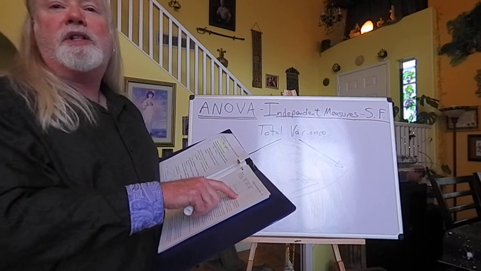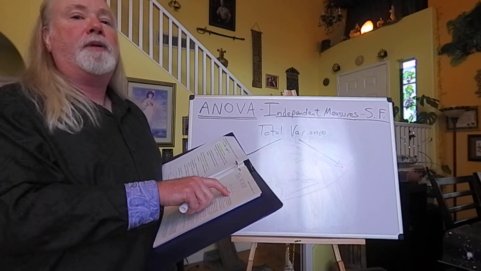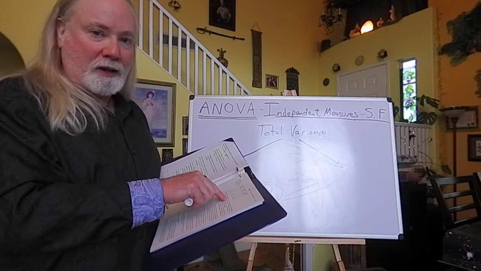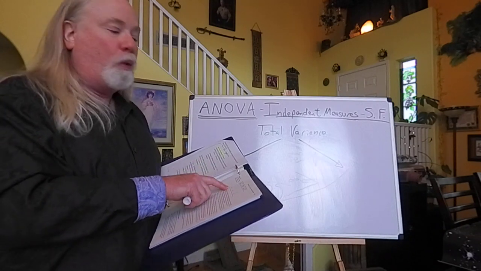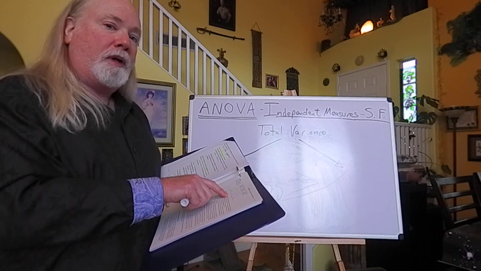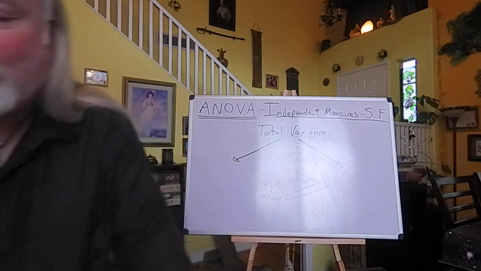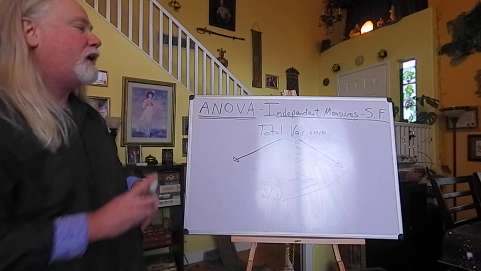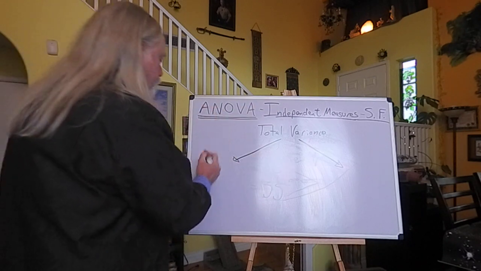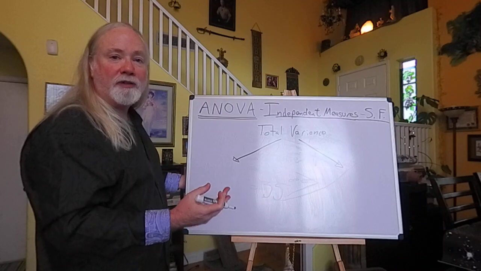Every group scored differently than the others. There is variance between, there are differences between these 3 groups. Group 1 is different than group 2. So the next thing we need to calculate is what is the variance between the groups. So this would be called between treatments variance.